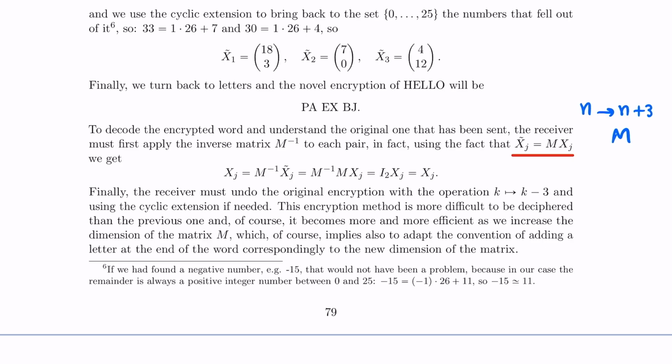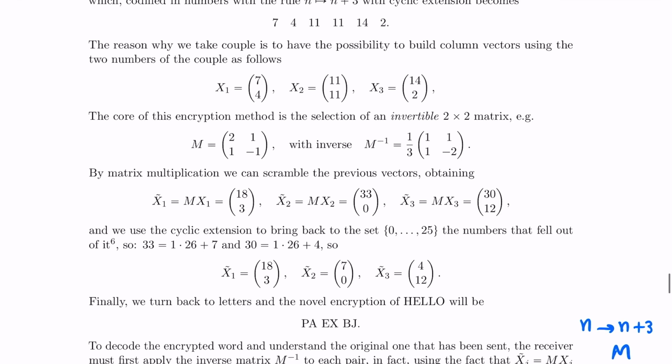Notice that in order to crack the previous encryption method, this one here, we just needed to know one number, 3. In this case, instead, we need to know 4 numbers, those in the matrix M, and also, importantly, their position in the matrix, which of course adds a further level of complexity.